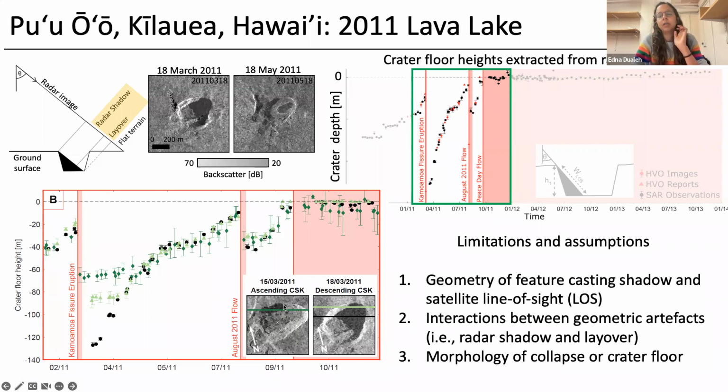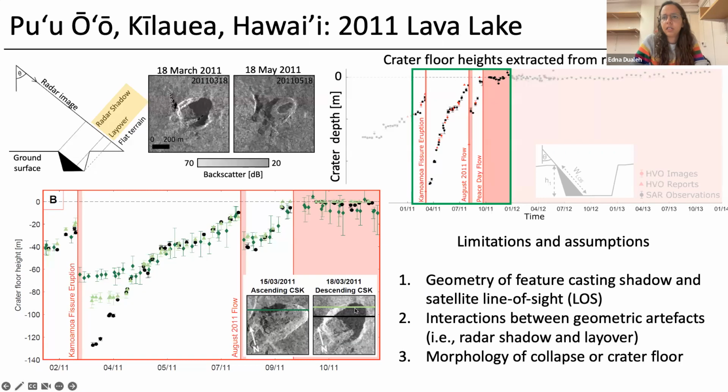As well, the shadow itself, because of this oblique angle to the satellite look direction, isn't being cast into the deepest part of the crater, but rather alongside the crater, onto the crater wall. So you're not actually imaging the deepest parts.